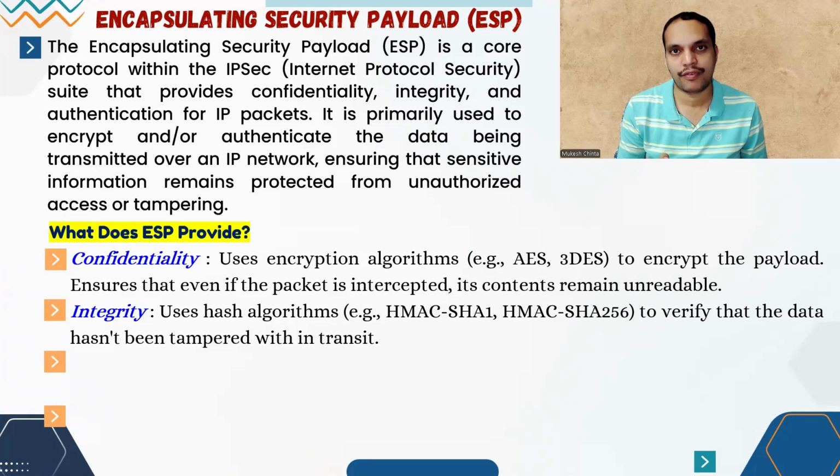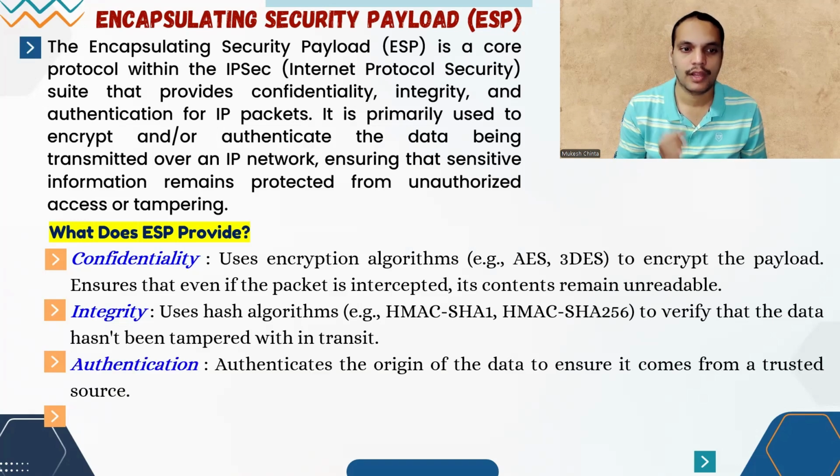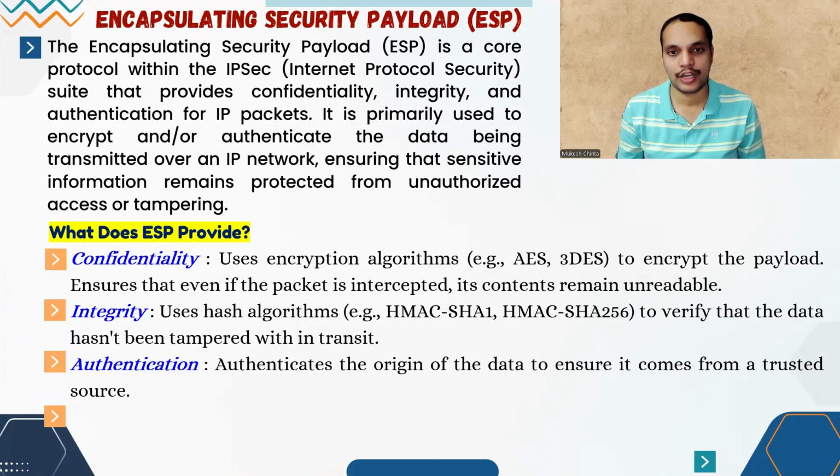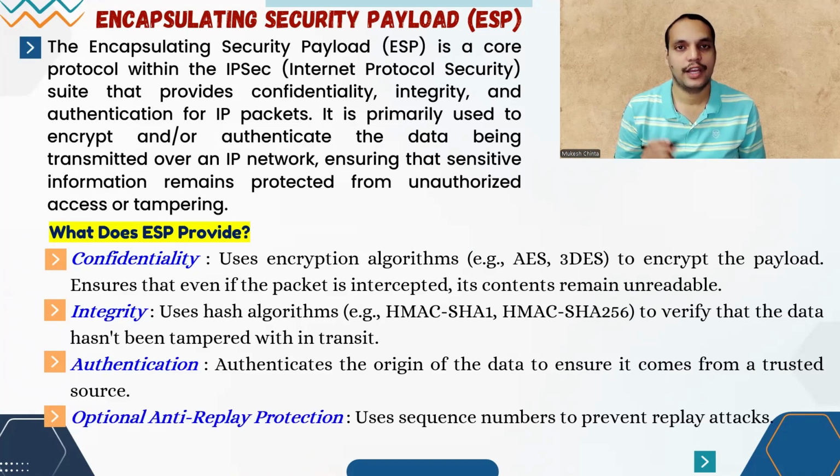It makes use of hash algorithms such as HMAC SHA-1, HMAC SHA-256 to verify that the data hasn't been tampered with during transit. The third service being authentication. It authenticates the origin of the data to ensure it comes from a trusted source. And finally, it also does provide anti-replay protection. It uses sequence numbers to prevent replay attacks.